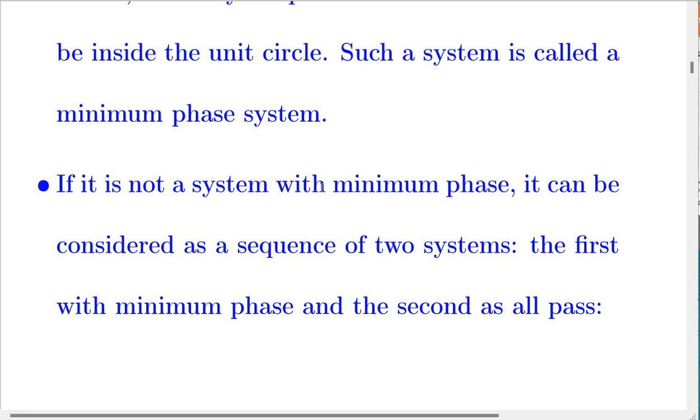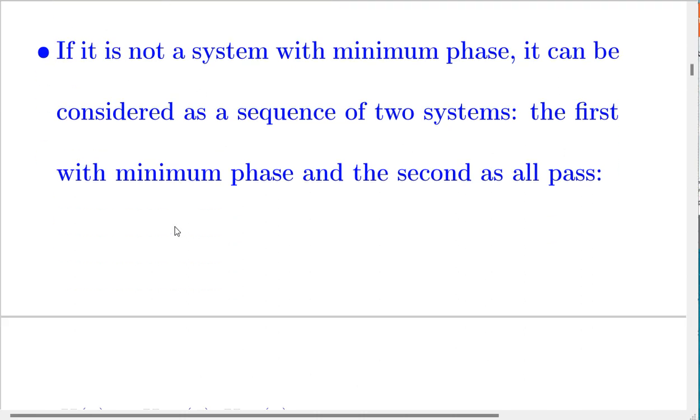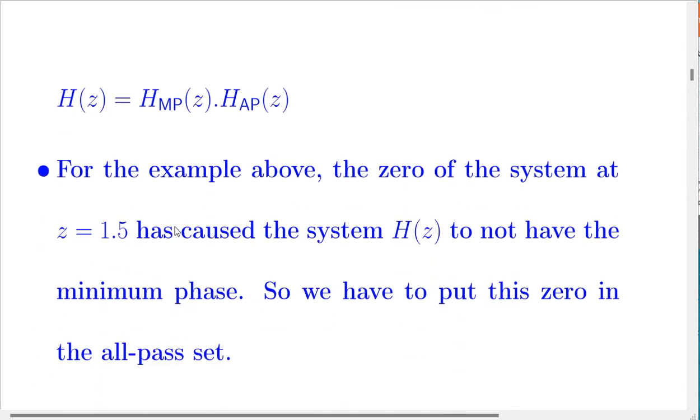If it's not a system with minimum phase, it can be considered as a sequence of two systems. The first one with minimum phase and the second as all pass. All pass system has been introduced in previous lecture notes.